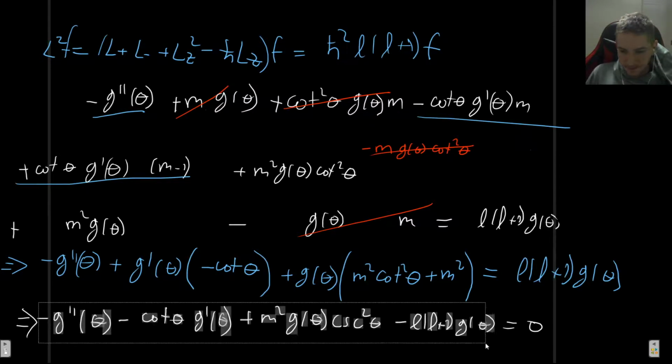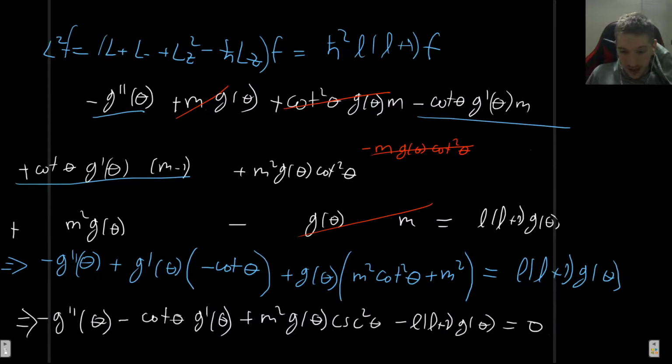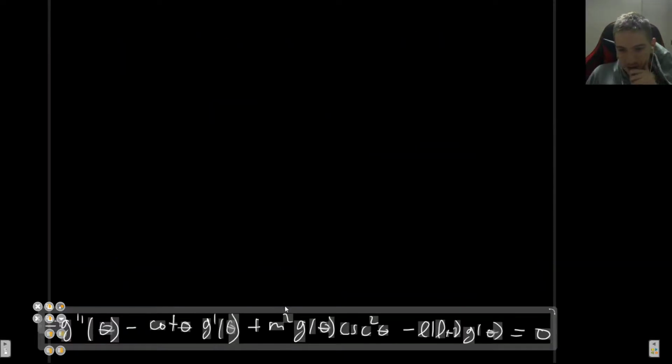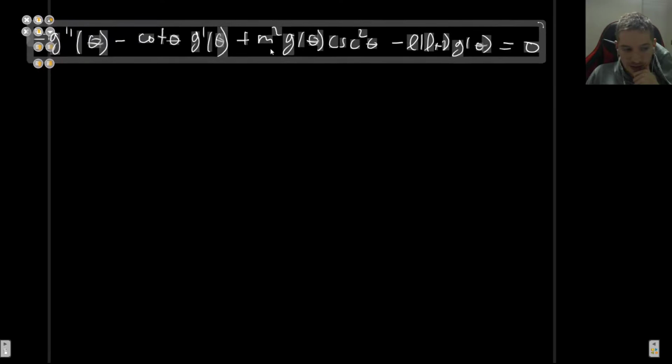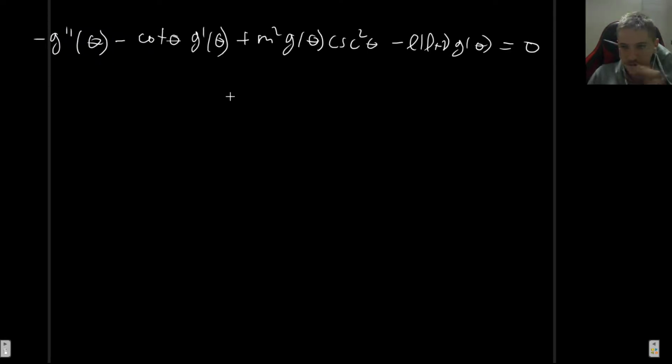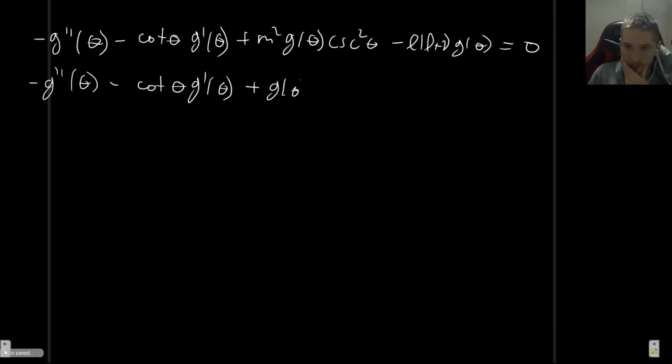Okay, we are now almost done, and you might actually begin to see where this is taking us, but I won't spoil it in case you haven't seen it. So let's actually now write it in a slightly different form. I'm just going to factor out these terms here. So g of theta times m squared cosecant squared of theta minus L plus 1 equal to 0.